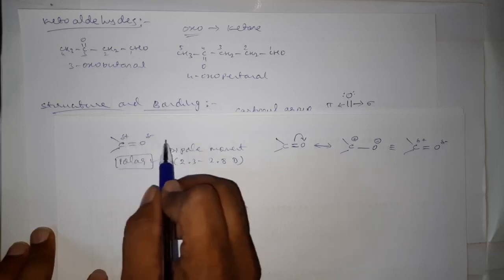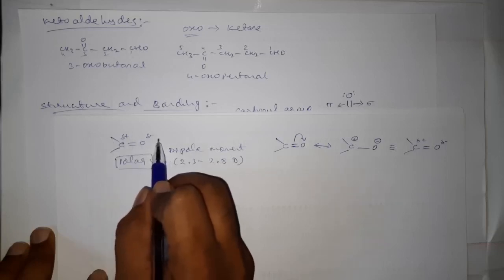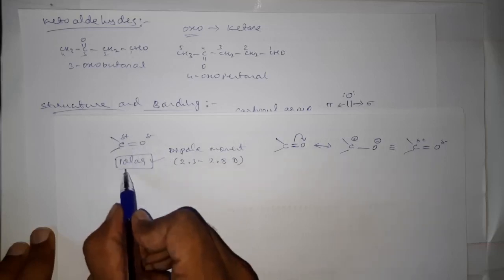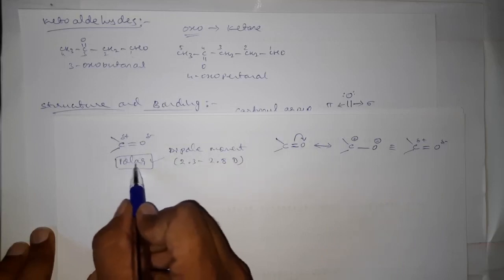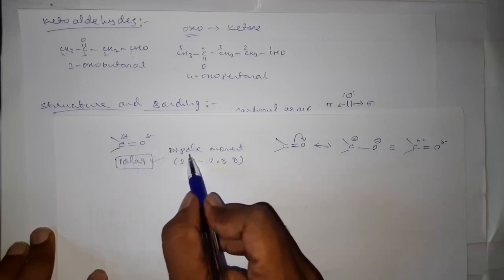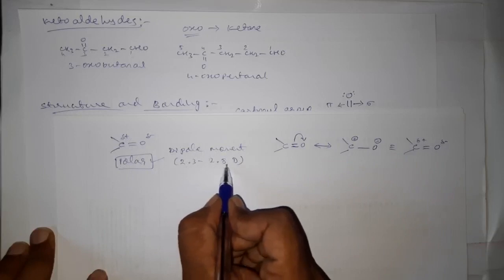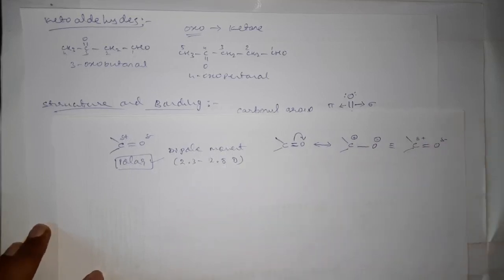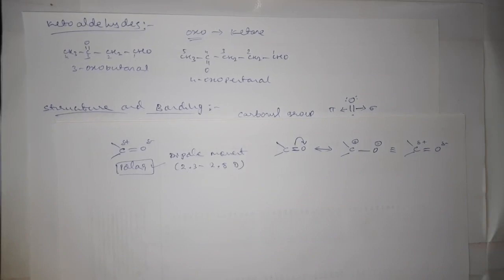Because of the development of these two positive and negative poles on the carbonyl group, these are called polar groups, dipoles, right? Therefore these are polar groups, and because of the polarity, we get a dipole moment in the range of 2.3 to 2.8 D. Okay, this is all about the structure and bonding in carbonyl compounds, that is aldehydes and ketones.